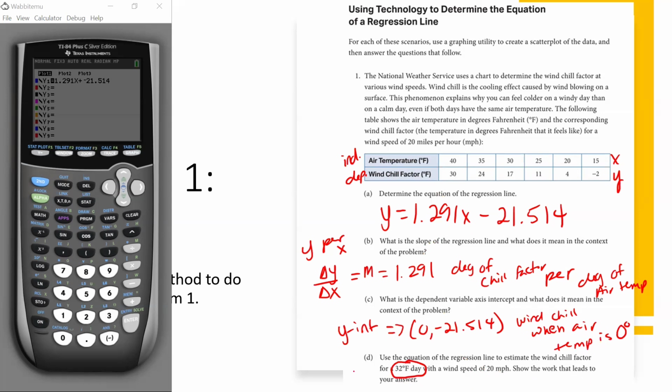So if we're looking for 32 degrees and I have a formula, what do I do with that 32 degrees? They gave me my x, so x equals 32. How do I find my y? Say it with me. Plug it in. All you're doing is plugging it in. You're given your x, right? So to find your y, we're going to plug it in.